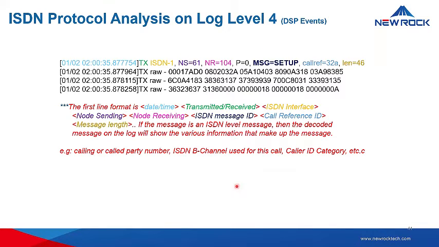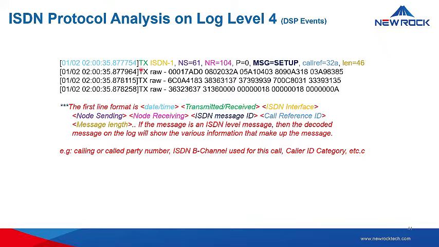Here, if we have log level 4, this is the format. Usually we download that. It refers to transmitted and received. This is the date. Again, the system time is very important, because that is very necessary for log debugging purposes. It will let us see the correct time.